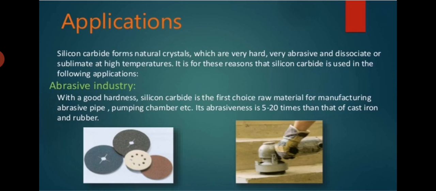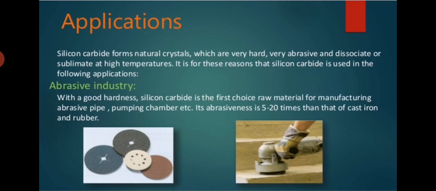This is the production method. And now we come to the applications. Silicon carbide forms natural crystals which are very hard, very abrasive and dissociate or sublimate at high temperatures. It is for those reasons that silicon carbide is used in the following applications.